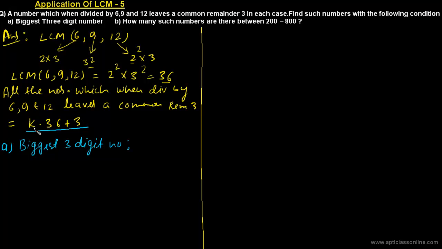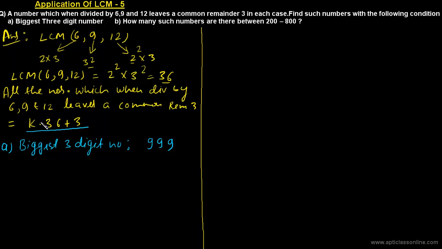That means in k times 36 plus 3, we have to put a suitable value of k, so that 36k plus 3 is closest to the biggest 3-digit number. By the way, the biggest 3-digit number without any condition is, we all know, 999.